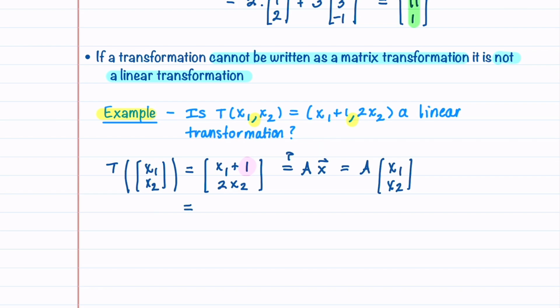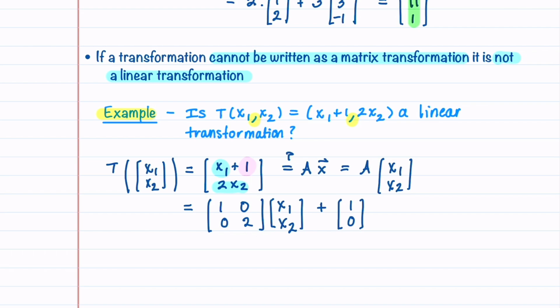Instead, we can only write it as 1, 0, 0, 2 times x1, x2. That gives us the x1 in the first component and the 2x2 in the second component. And then we have to tack on a constant vector, 1, 0, to account for the 1.